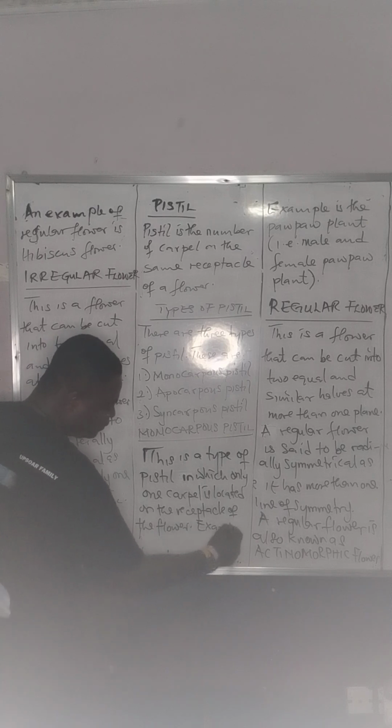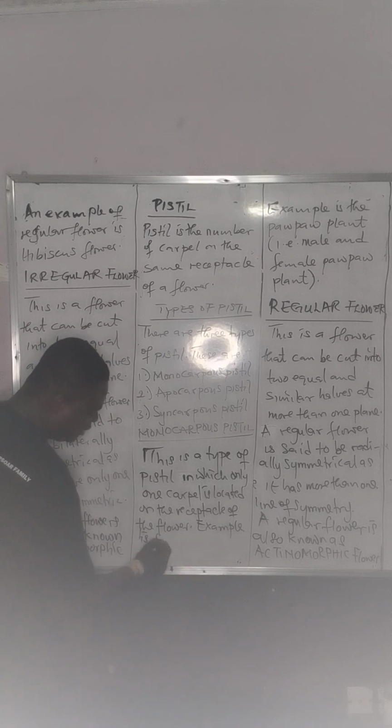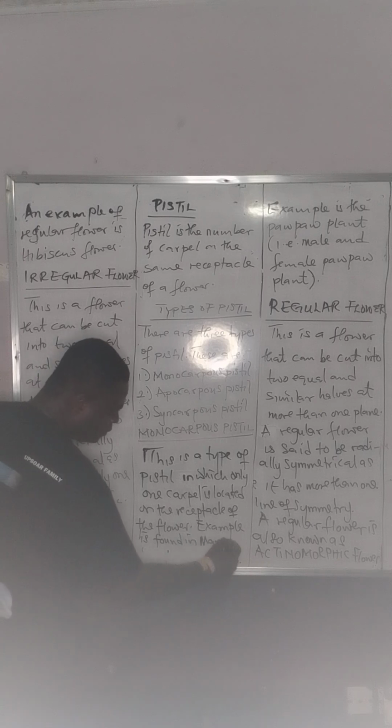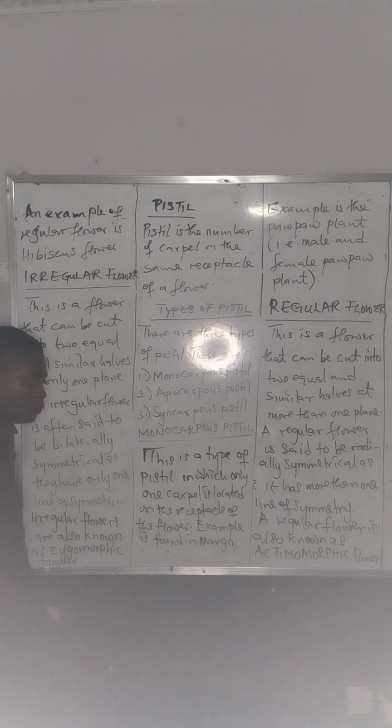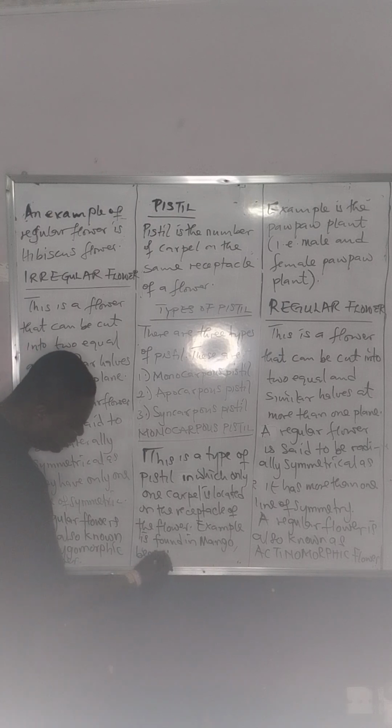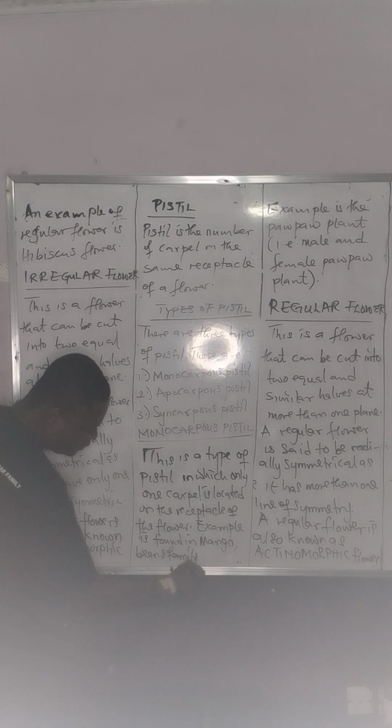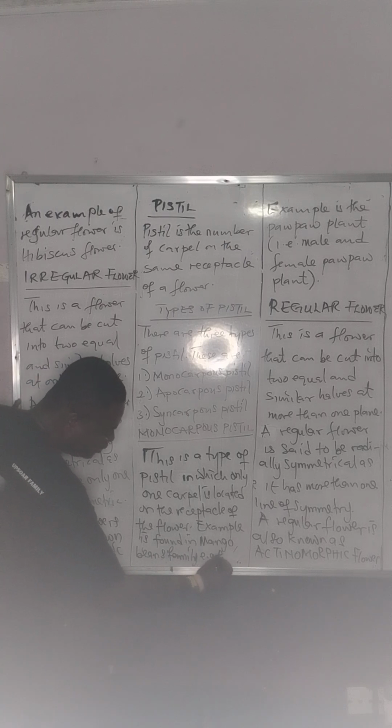Example is found in mango flower, the mango flower. So that's monocarpous. Then beans family, e.g. Pride of Barbados. Pride of Barbados is also known as Caesalpinia pulcherrima.